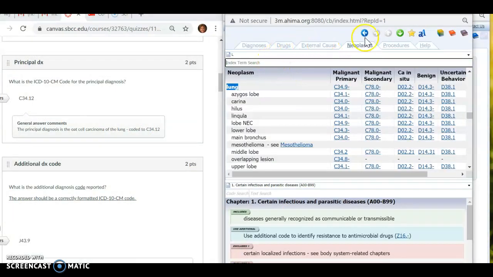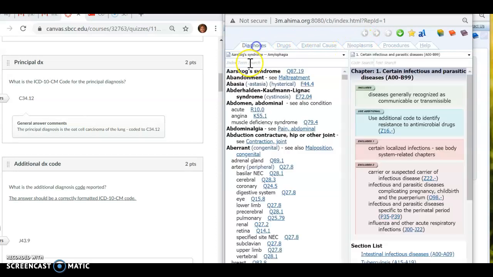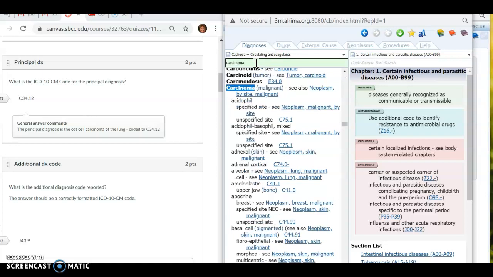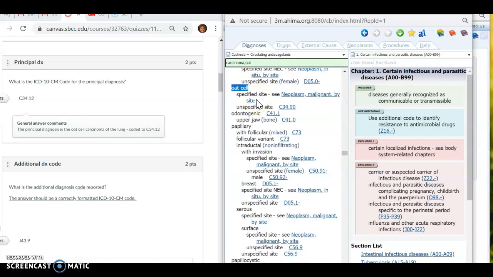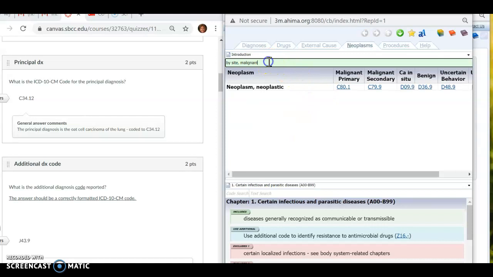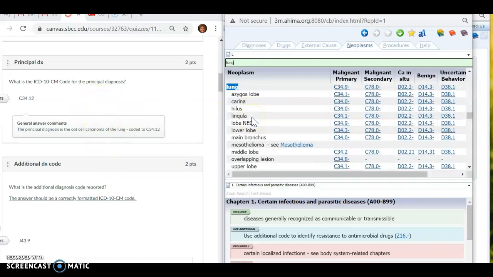I'm going to start off here with carcinoma. Then if we go into oat cell, it will tell us to see neoplasm, malignant, by site. So if I am here, then I am going to go to lung. And we know it was the upper lobe.